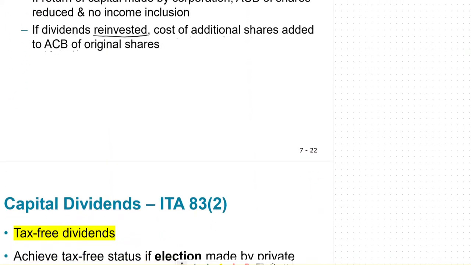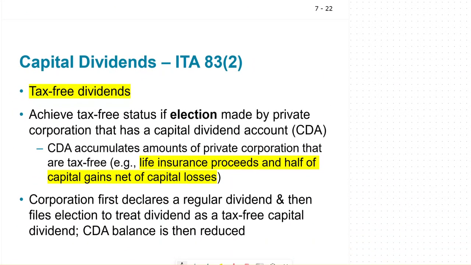When we think of a capital dividend, it is a tax-free dividend. We do not pay taxes on capital dividends, and we achieve tax-free status if an election is made. You have to make an election in order to get a tax-free dividend from a private corporation that has a capital dividend account.